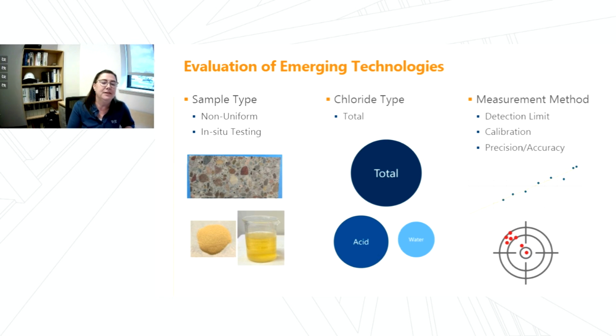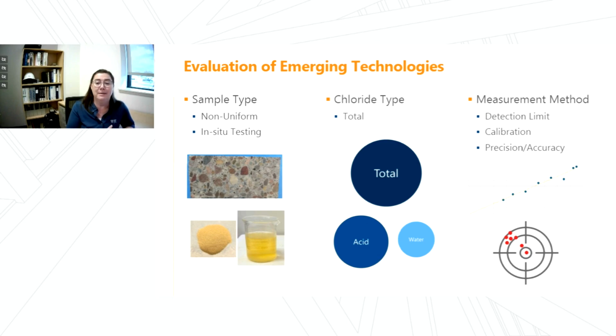And we also have to think about things like precision and accuracy. Precision means that if I run the test 10 times, do I get the same answer all 10 times? And then accuracy is how close is that data to the actual data. And this is only a concern because in the past, we've had lots of time to deal with the acid and the water-soluble methods and techniques.